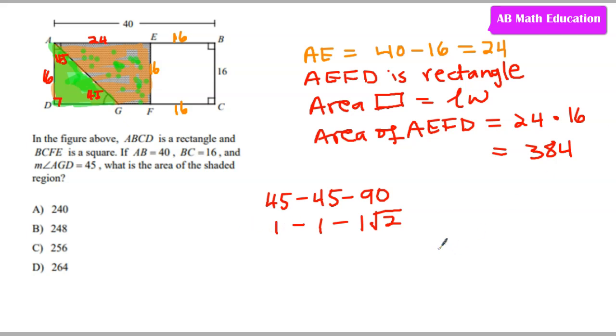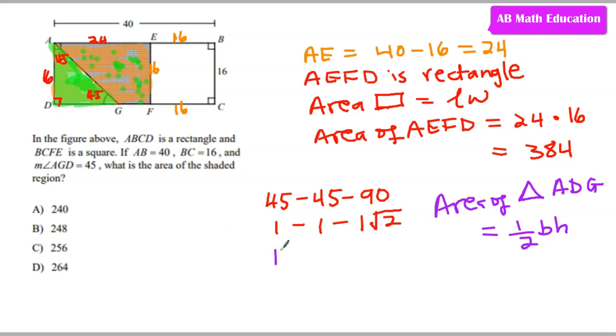You want to find the area of triangle ADG, and that is going to be half of the base times height. So now we know the height, the perpendicular height, and we need the base here. Since AD is 16, the base is going to be 16, and the hypotenuse is going to be 16 root 2, based upon that ratio.